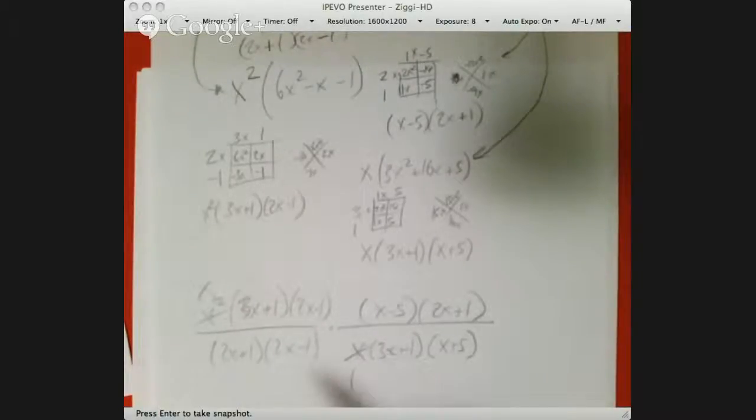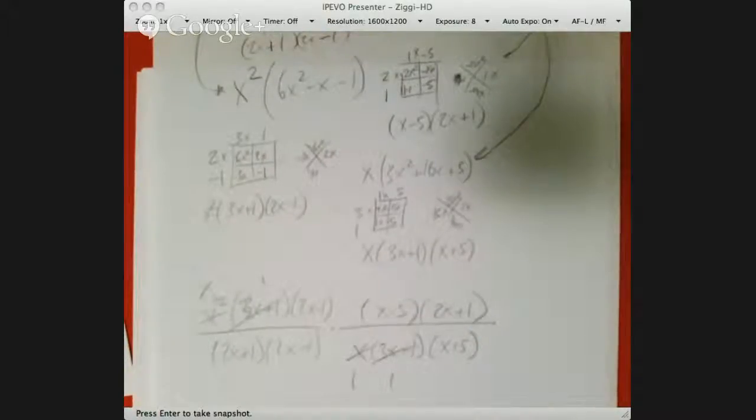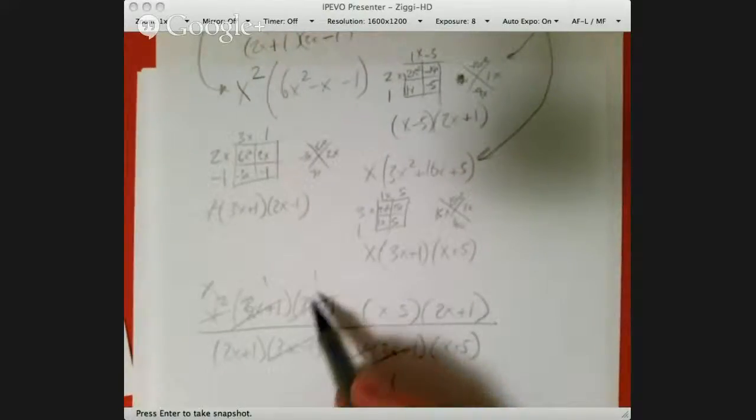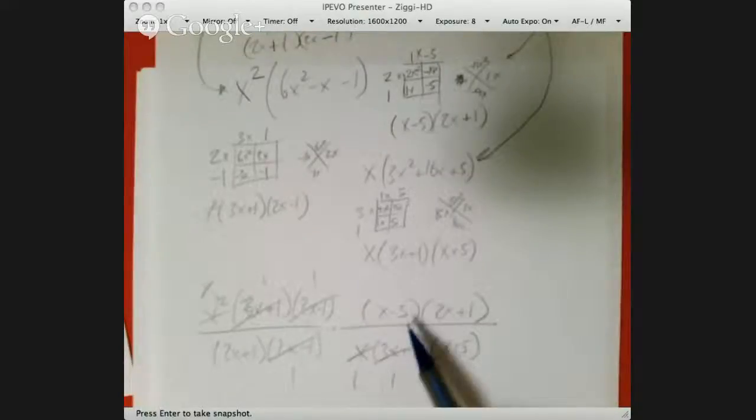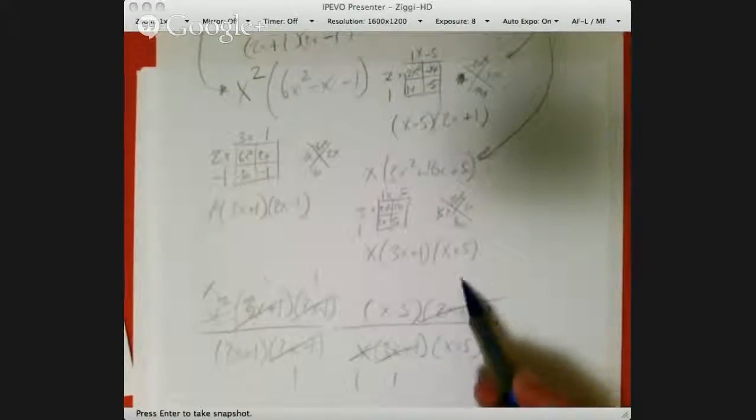Those are both going to cancel out and become 1's because they divide. 2x minus 1. Directly below, I have another 2x minus 1. Both cancel out, become a 1. X minus 5. No. I have an x plus 5, but it doesn't count because that's plus. 2x plus 1. Hey, there's another one of those too. That's a 1. That's a 1.